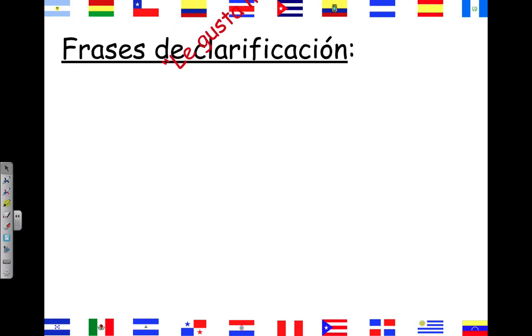Now we can use, with gustar and gustar-like verbs, frases de clarificación, okay, clarifiers. With the expression le, as in le gusta nadar, we have a problem. That le could refer to he, it could refer to she, it could refer to you, it could refer to an inanimate object.